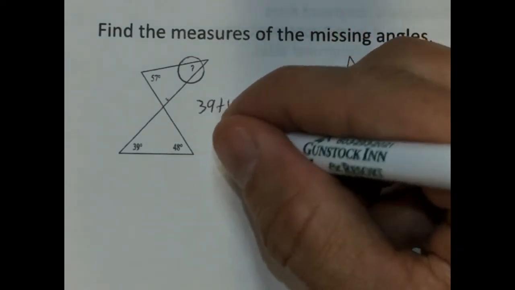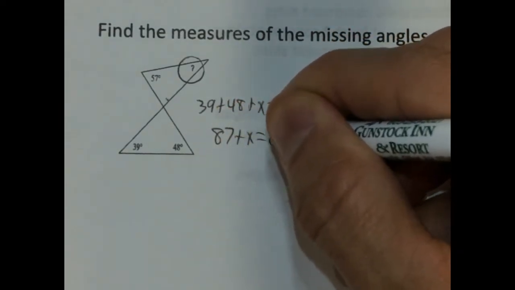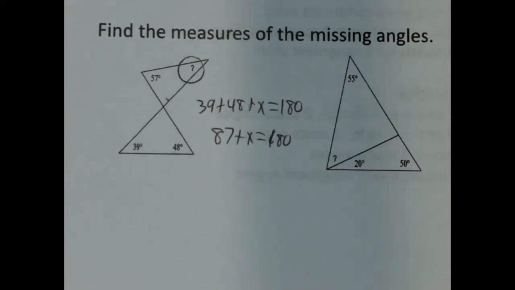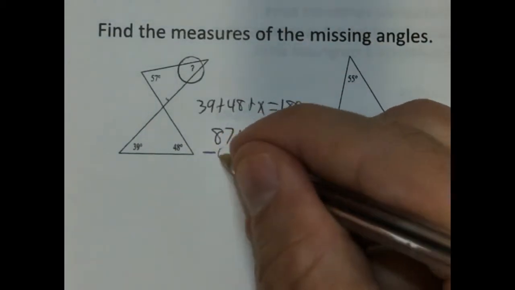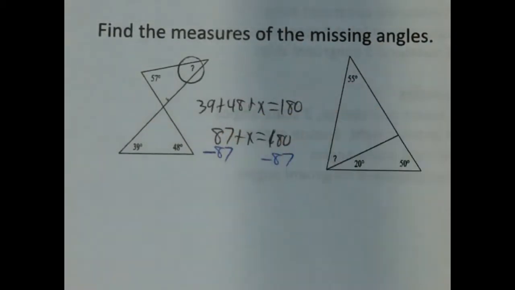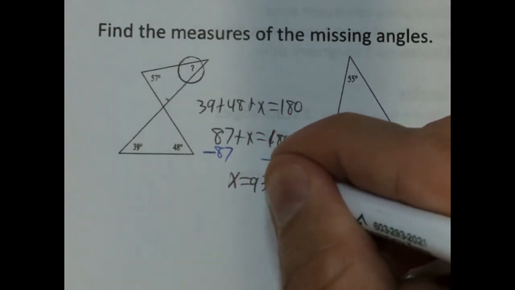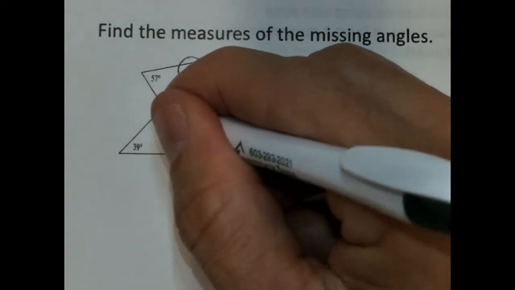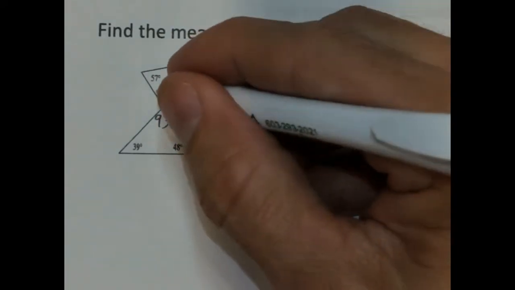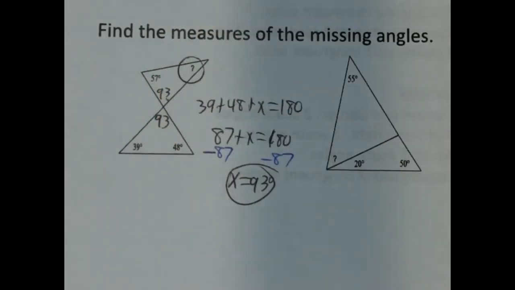And that's going to be 87 plus x equals 180. We're going to subtract 87 from both sides. So x equals 93 degrees. So that's 93. That means this angle is 93 because they're vertical from each other, and vertical angles are congruent.